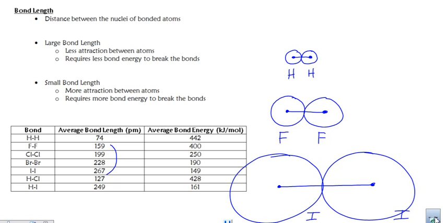Why do we care? We care because it relates to bond energy. This bond energy is described as the energy required to break a bond.